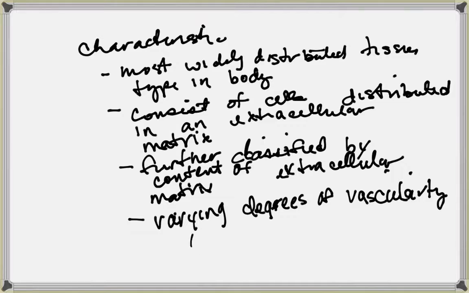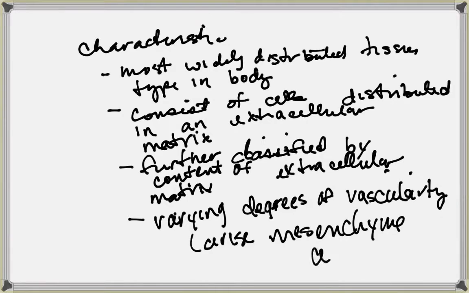And actually, I just like to also point out that they arise for the most part from mesenchymal cells. So mesenchyme cells, right? And that's basically within the embryonic tissue.